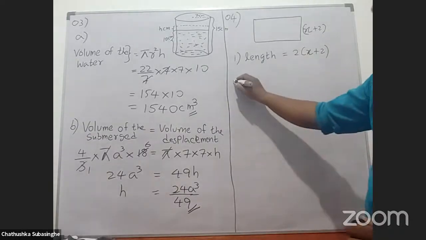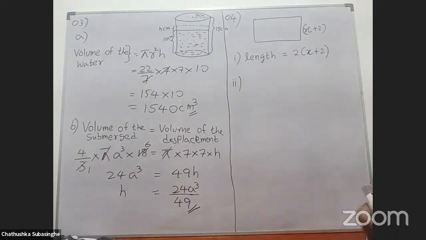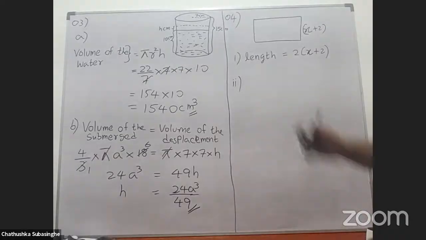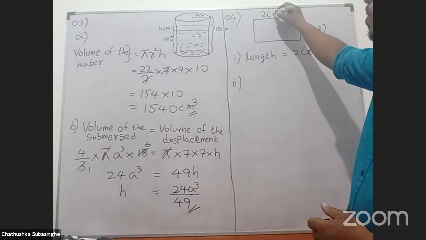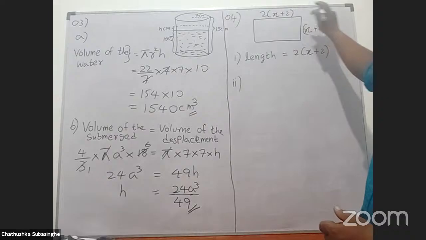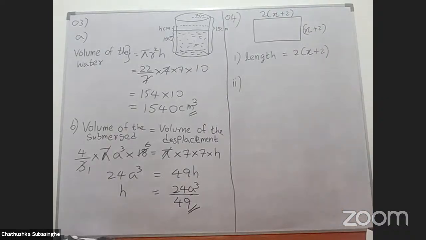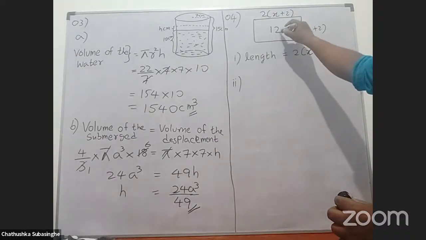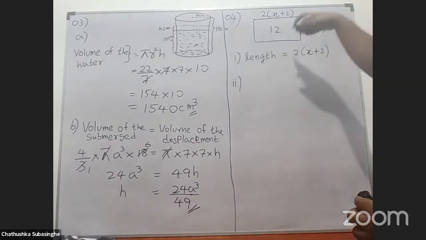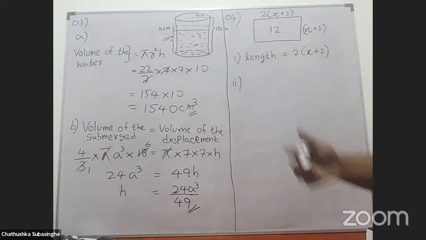Then Roman numeral 2. If the area of the sheet is 12 square units, show that x satisfies the quadratic equation x squared plus 4x minus 2 equals 0. Now we know the length is 2(x plus 2) and the breadth is x plus 2 units, and they have given the area. So I have to find the area and check whether I get that quadratic equation.